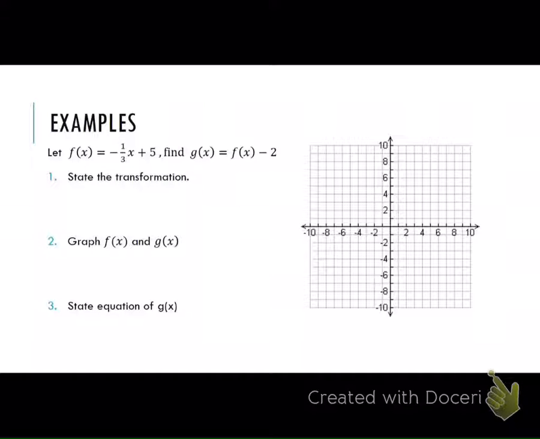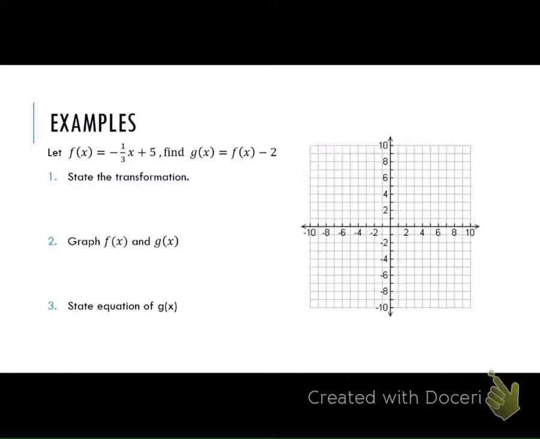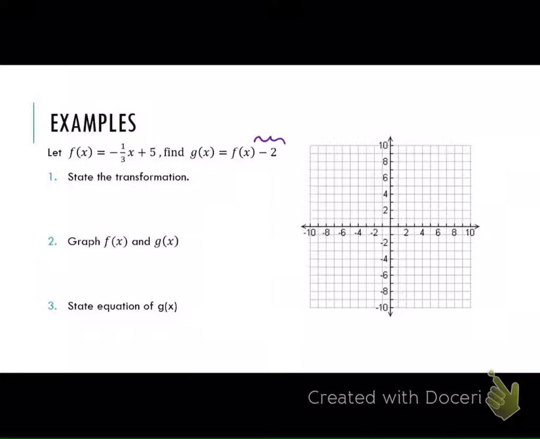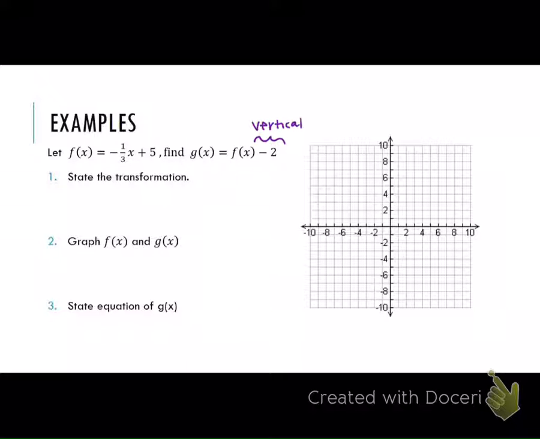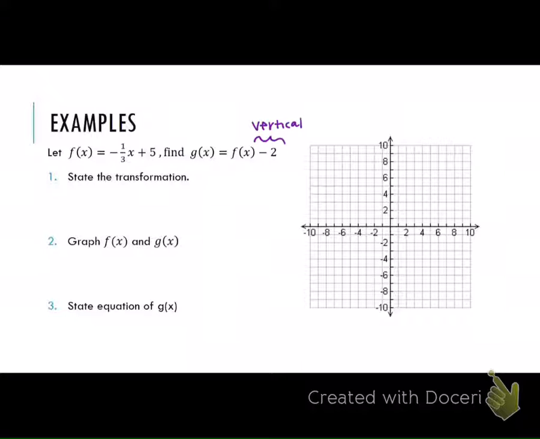Okay, f of x equals negative 1/3 x plus 5. g of x is f of x minus 2. So it's outside the parentheses. Is this a vertical or horizontal shift? Vertical. It's subtracting, so it translates down.